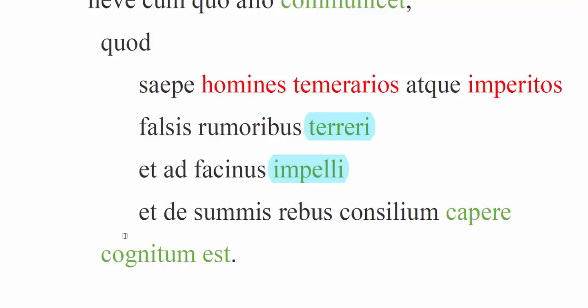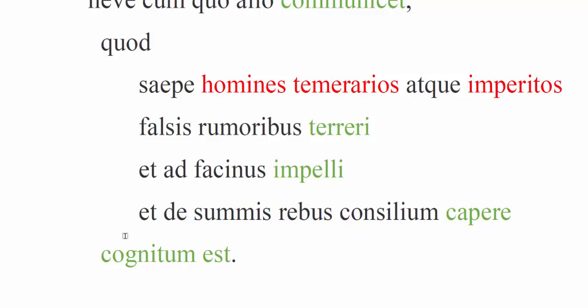They might be driven to crime, and they might seize a plan. There's the little typo here. This concilium should be blue as the direct object of capere. Mea culpa. They should seize a plan. They might seize a plan concerning the greatest matters. So, in other words, they might get ideas into their head that they should be doing things that they shouldn't.